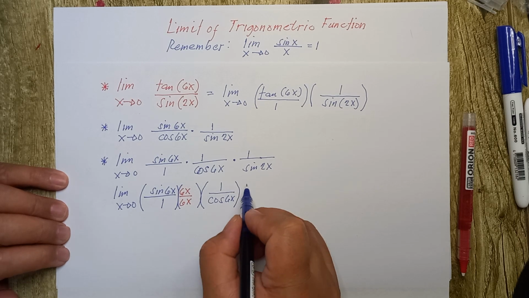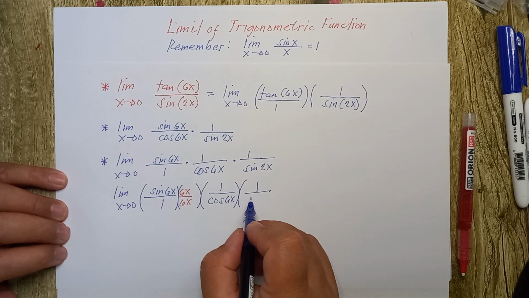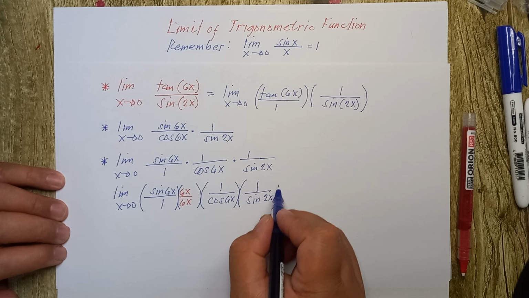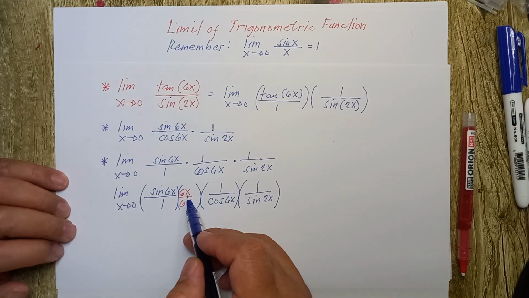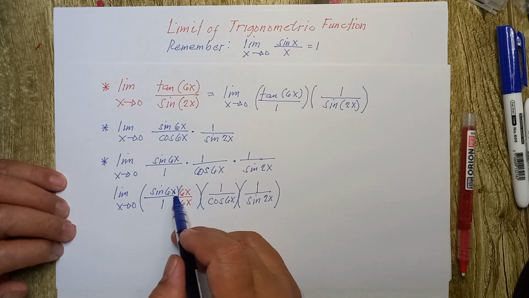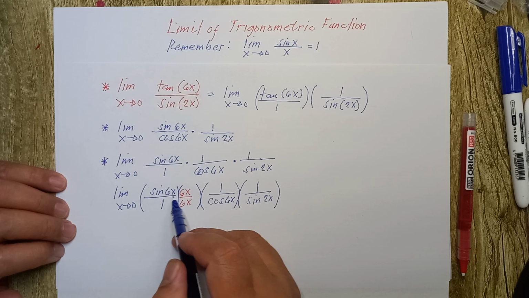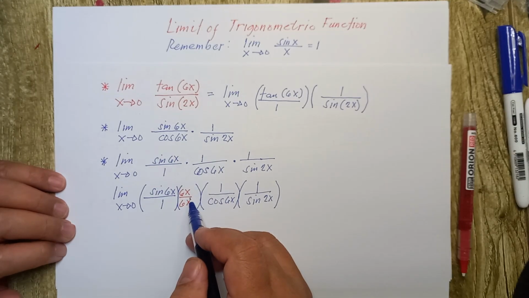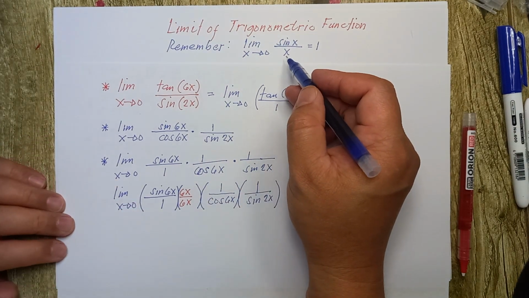Now we have in here 1 again, that is sine 2x. Now our focus in here is again this multiplier is the same as the numerator of the coefficient of sine 6x, which is 6x. So 6x over 6x to be multiplied by this one so that we can have this theorem.